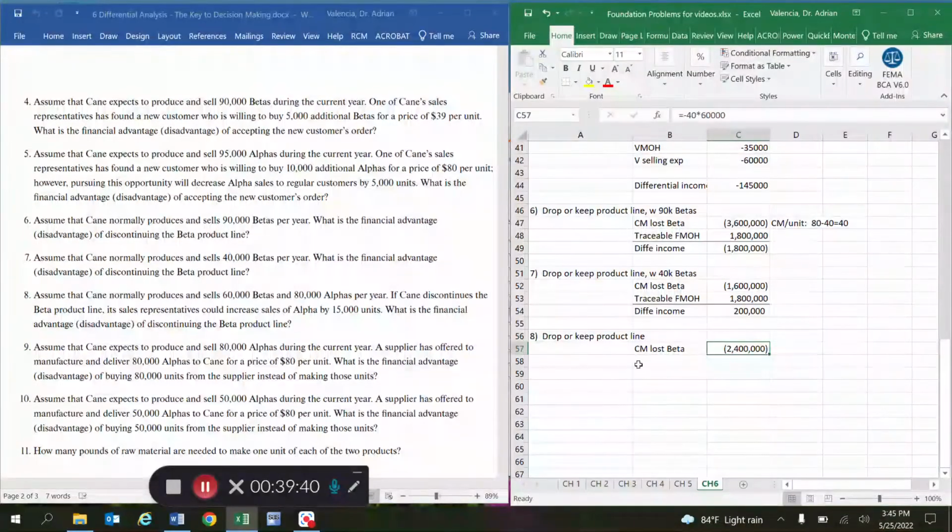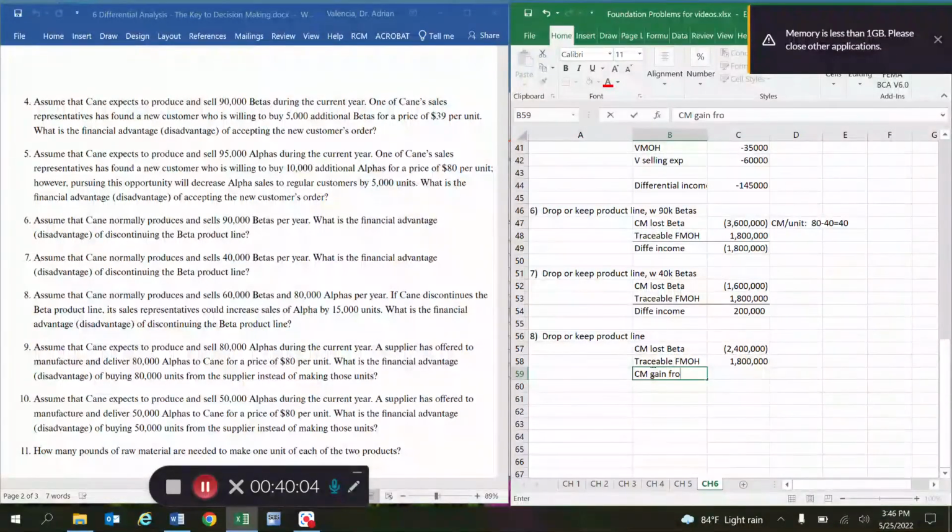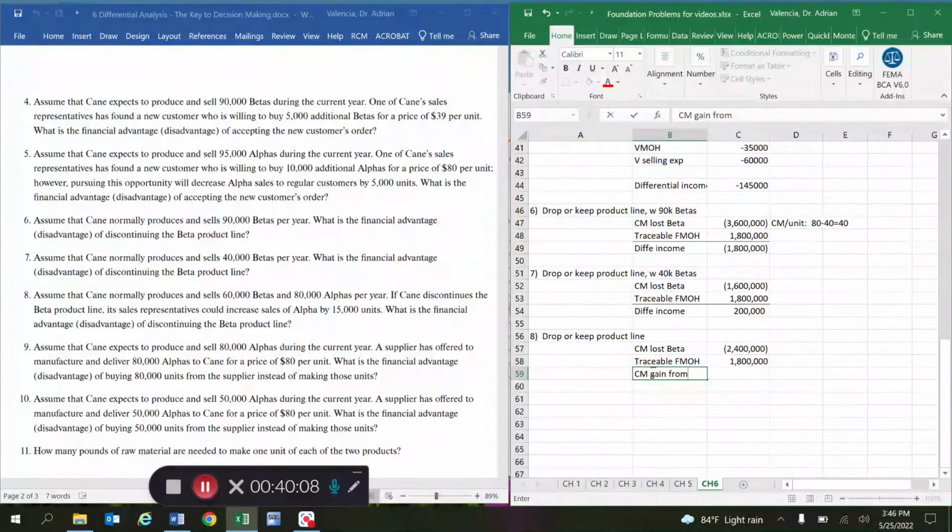So now I'm going to look at the traceable fixed overhead costs. And these are the ones that I can get rid of, right? So we know those are 1,800,000 from before. But the extra thing that happens is that now we have an additional contribution margin gain from the alphas that we're going to be selling.